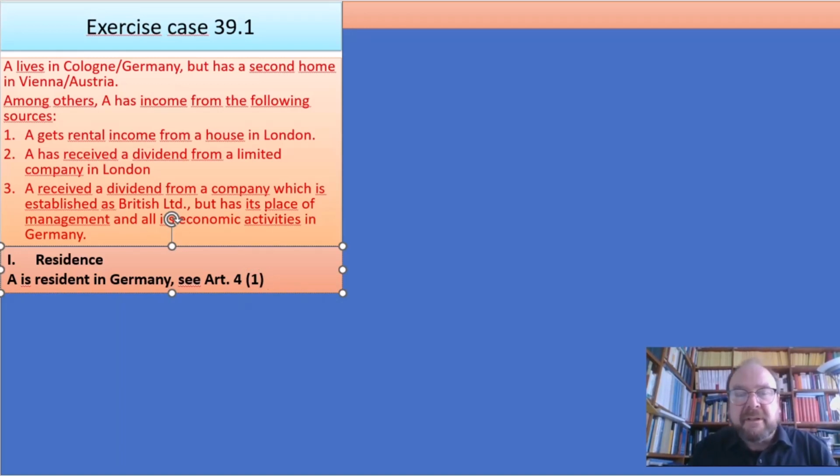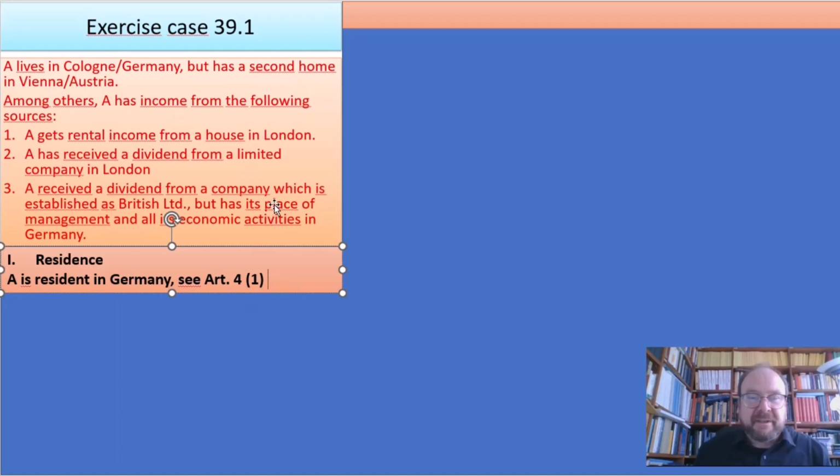Now, you know there are certain rules on double residence, so-called tiebreaker rules, but they only apply if the taxpayer has residence in both contracting states. And as this task is about the relation between Germany and the UK, the taxpayer has a residence only in one of the two countries, so Article 4.1 would already be enough.